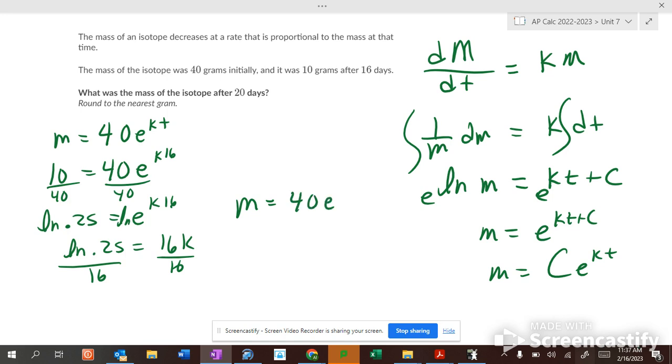So m equals 40 e to the ln of 0.25 over 16 times t, and we want to know after 20 days.